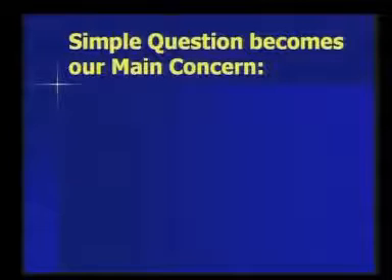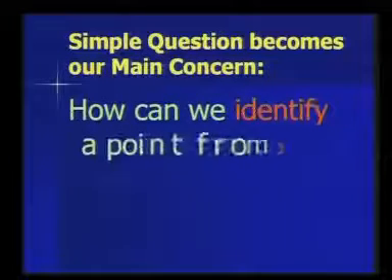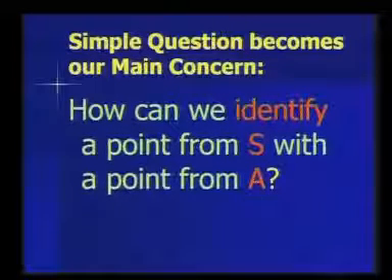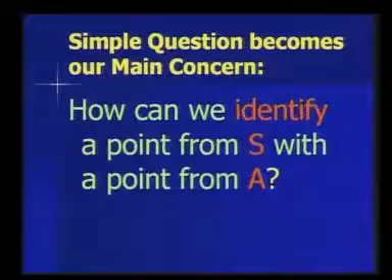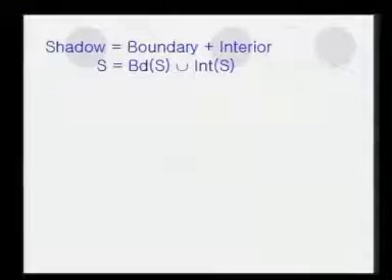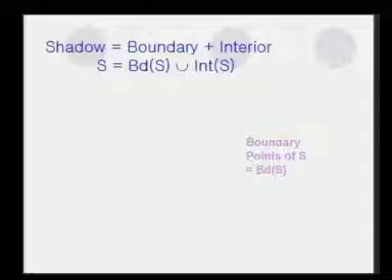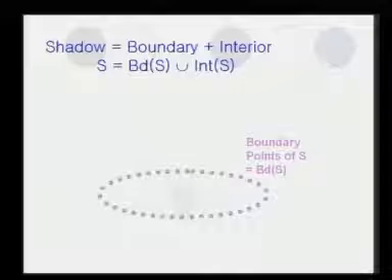Now we simplify, and the simple question becomes our main concern. That is, we ask ourselves: how can we identify a point from S with a point from A? We define the shadow as two sets, that is, the boundary and the interior points.